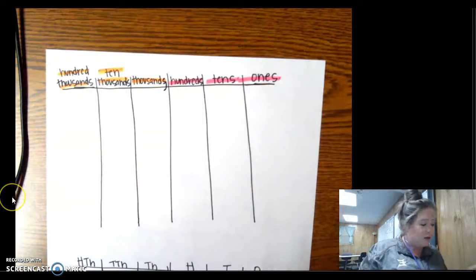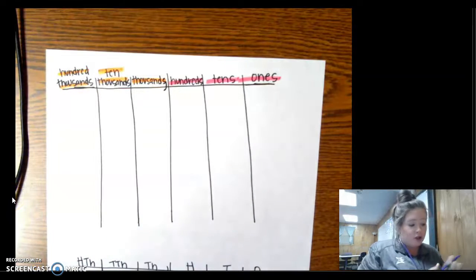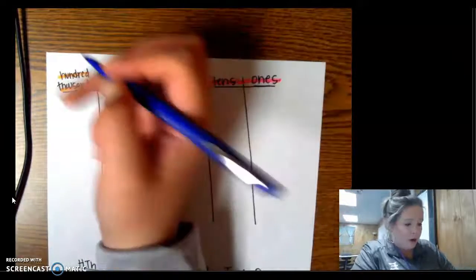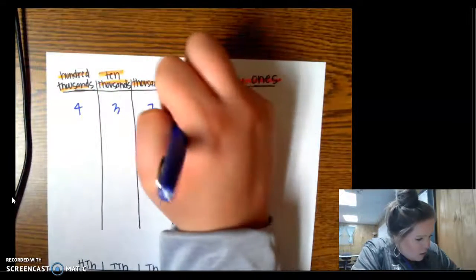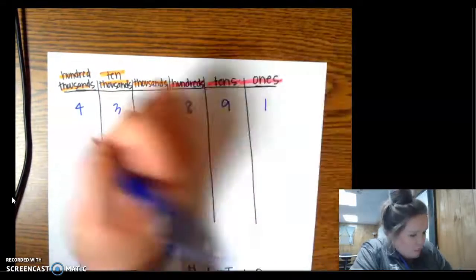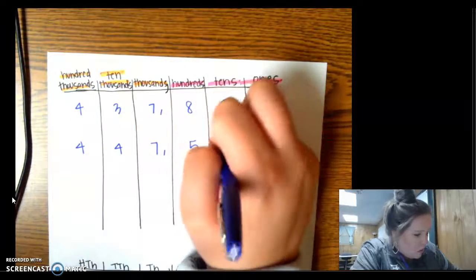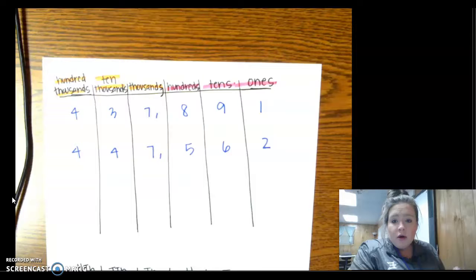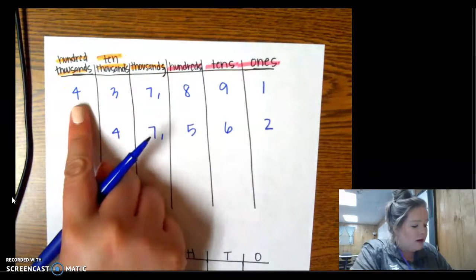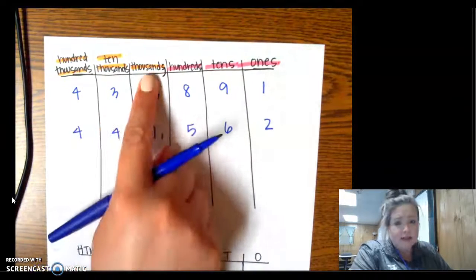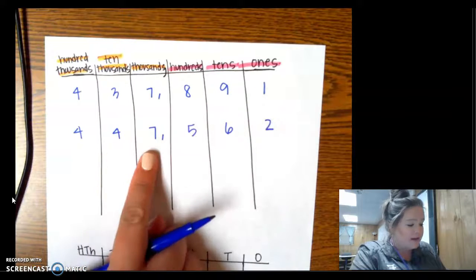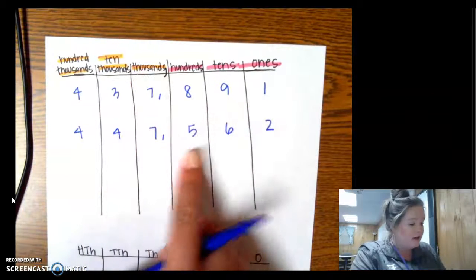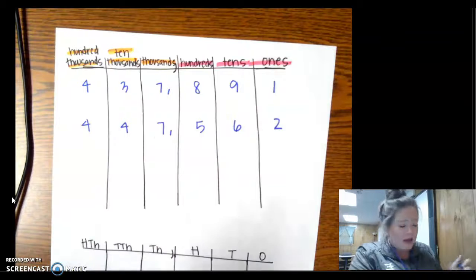Okay, so I'm going to give you an example of a number. I'm going to do a 6-digit number. Okay, so I have 437,891 and 447,562, okay?